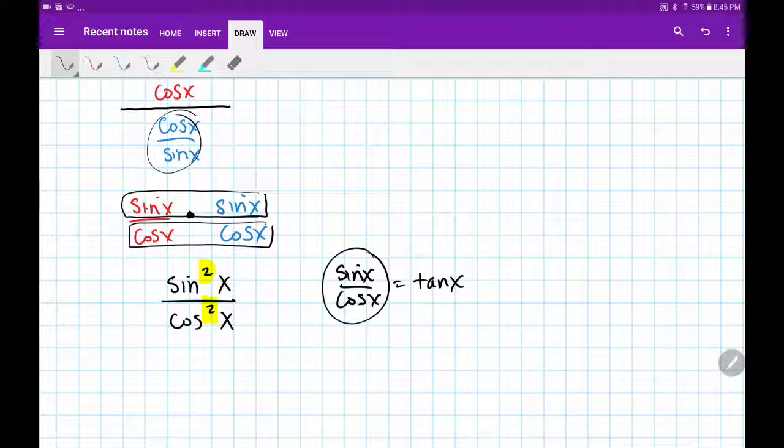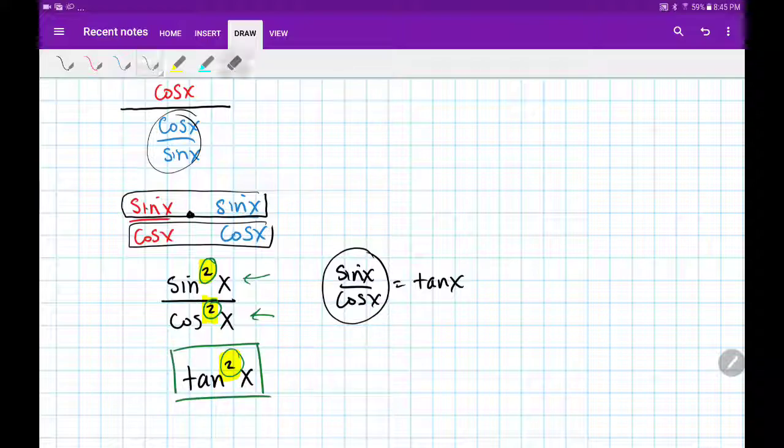But notice the only difference is that here I have the squared on the top and the bottom. So what that means is my answer will simply be tangent squared x. It's going to match, okay? I only get to put the tangent squared because both the top and the bottom had the squared. Now that is our final answer, tangent squared x.